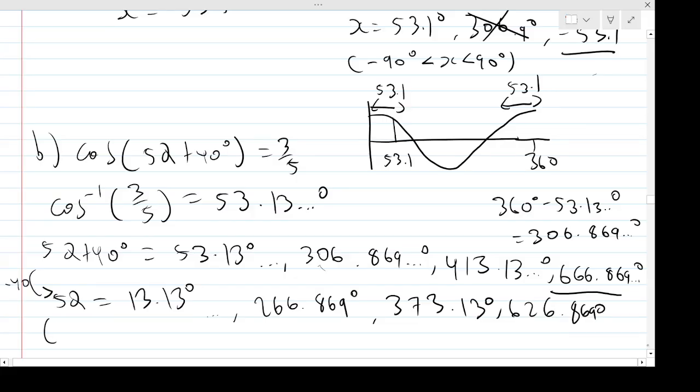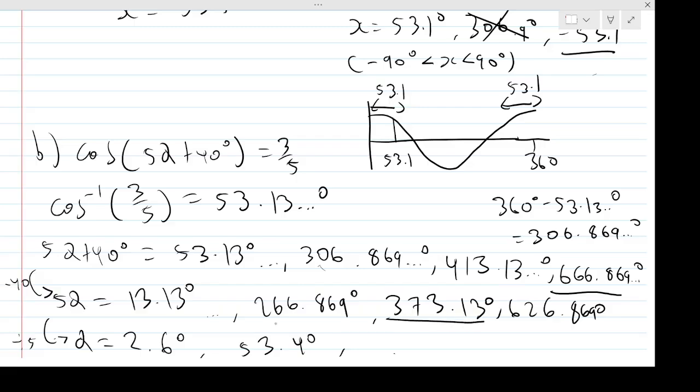Then to get alpha, I then need to divide everything by 5. So if I divide this 13.13 firstly by 5, I get 2.6. I'm going to round it to 1 decimal place. And then this next solution, 266.869 divided by 5, I get 53.4 degrees if I round it.